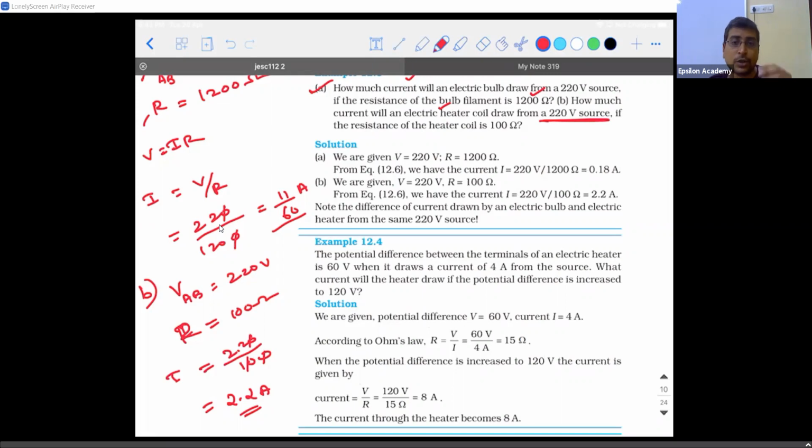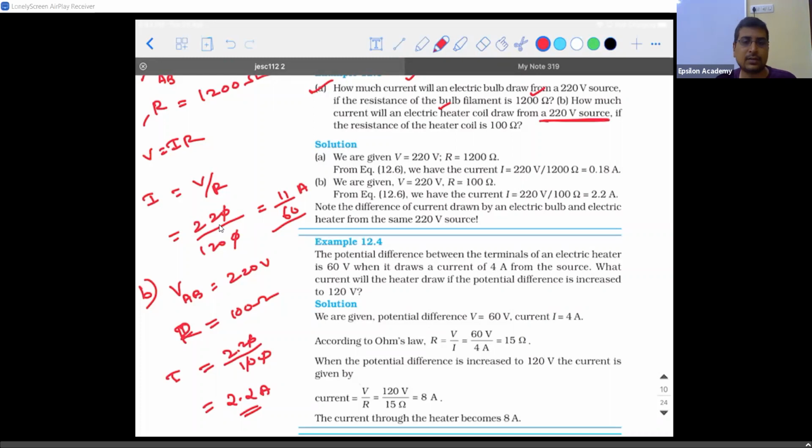If you connect the bulb across the same source and a heater across the same source, what is happening? The bulb is drawing less amount of current and the heater is drawing more amount of current. From this, logically, if I put a question like this, if you have to design an electrical equipment which has to draw more amount of current from the same 220 volt, what are you supposed to do?